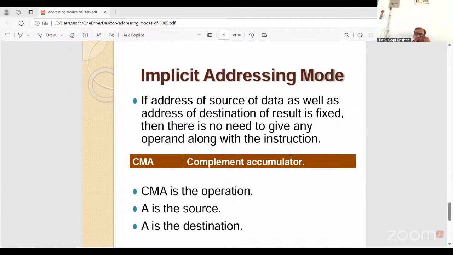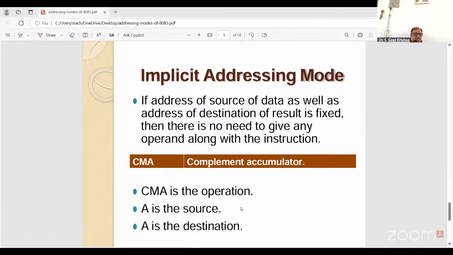Then the implicit addressing mode. In this mode, if the address of the source of the data as well as the address of the destination of the result is fixed, then there is no need to give any operand along with the instruction.